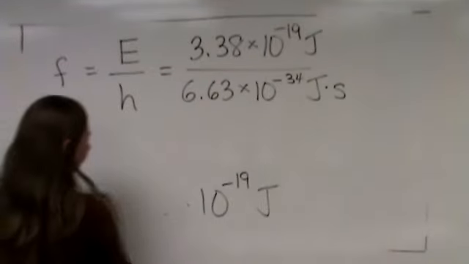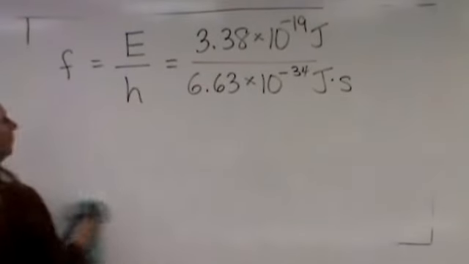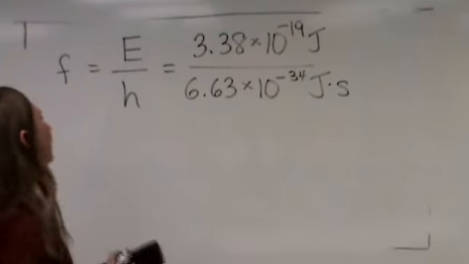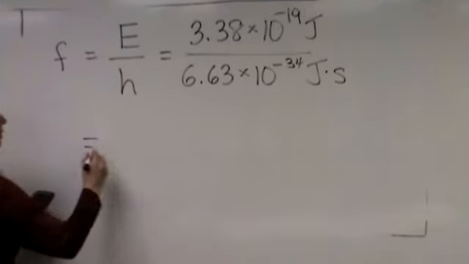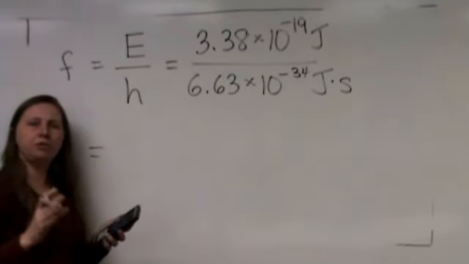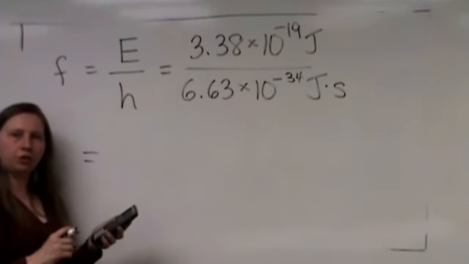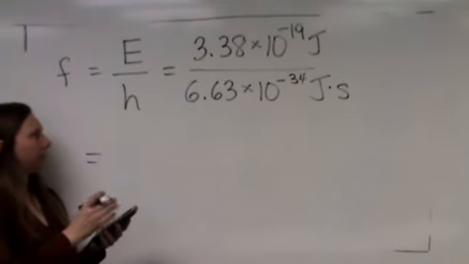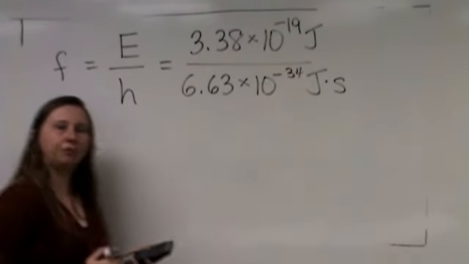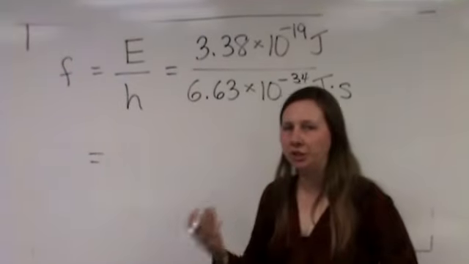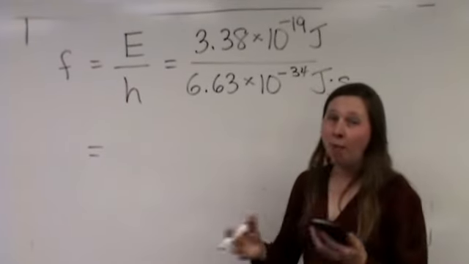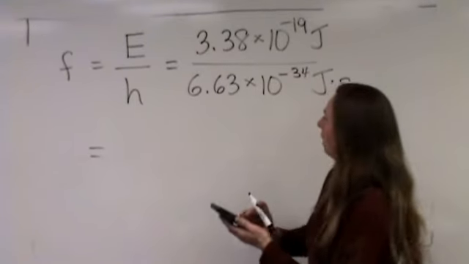All right? Now, let's divide those and get the frequency. Now, by the way, what do you think the exponent of the frequency should probably be, approximately? I remember some frequencies being 10 to the 14th. So maybe it should be somewhere around there.